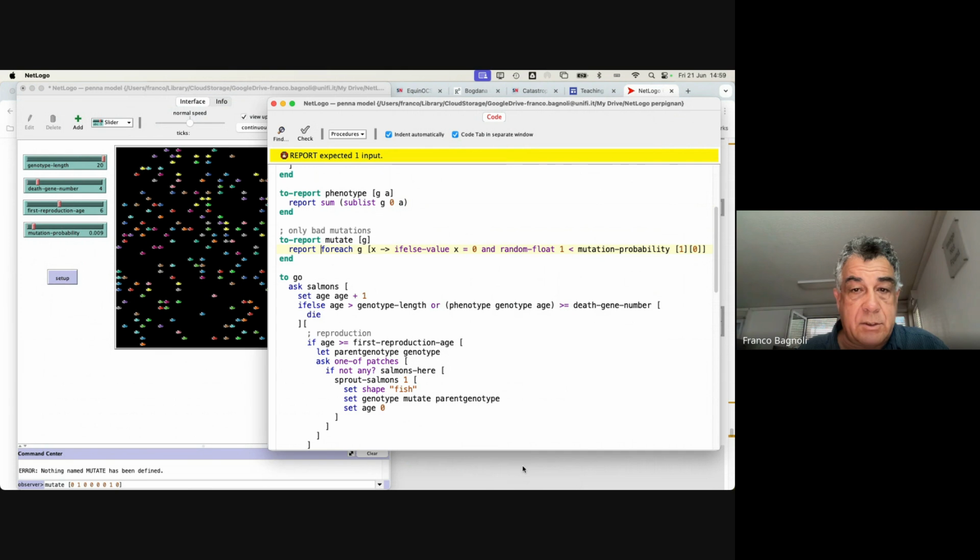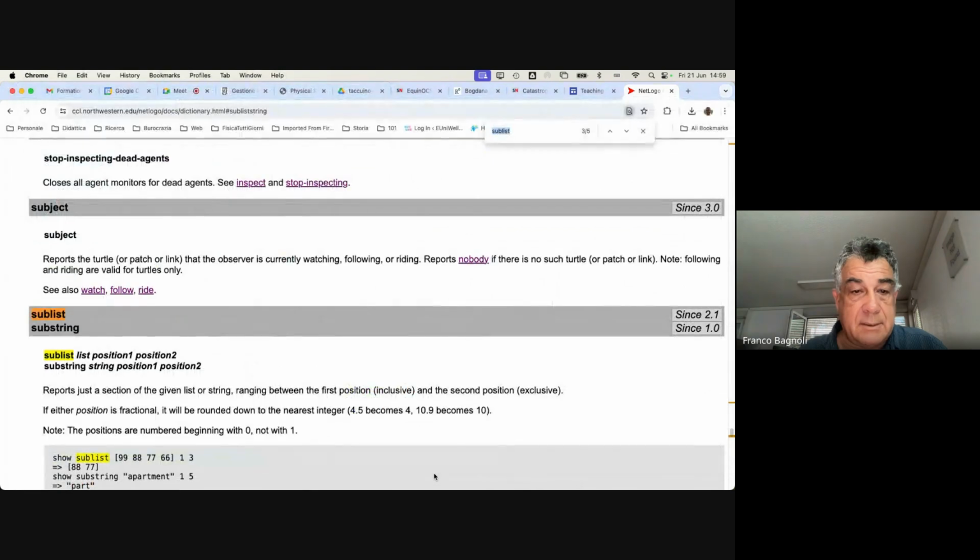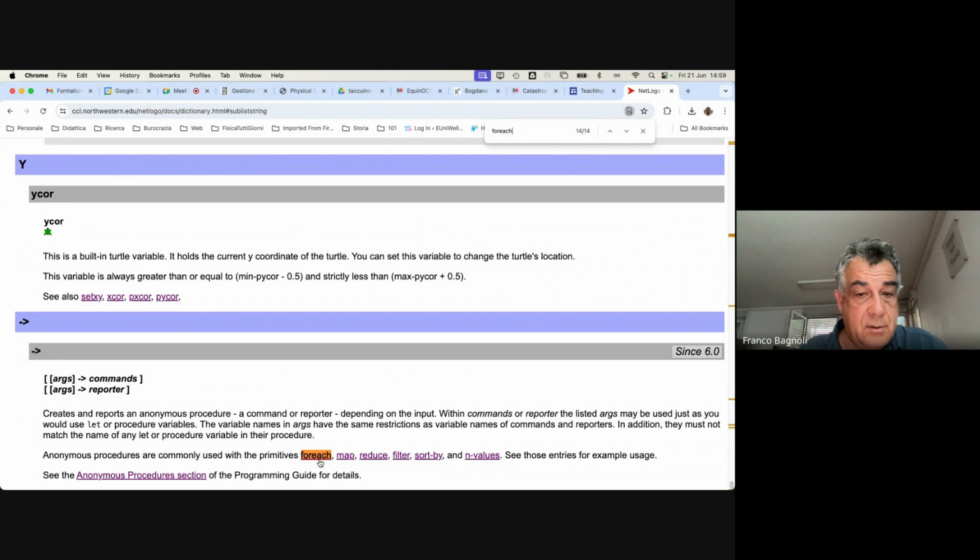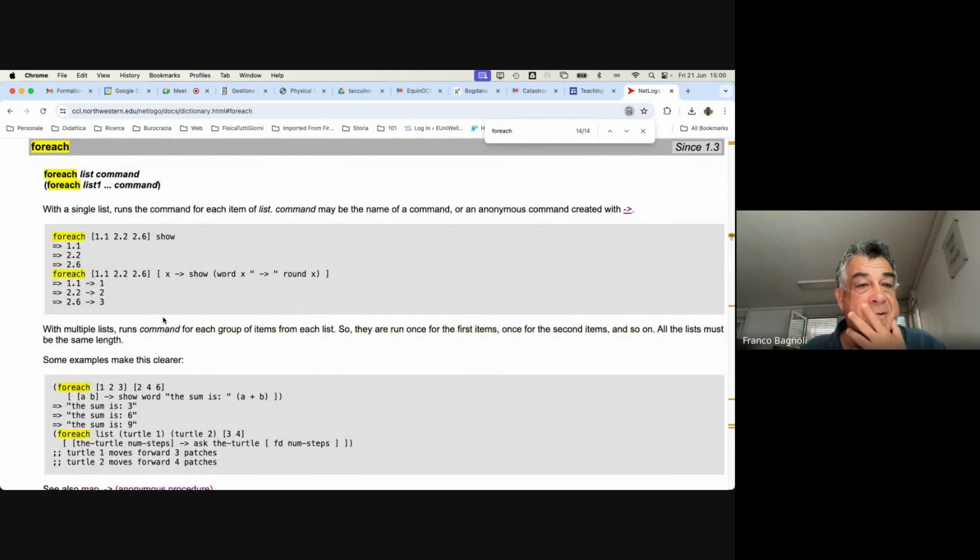For each G, for each G, yes. Why is it not working, it doesn't like it. Because for each runs the command for each item of the list, commands, because it is not a reporter.